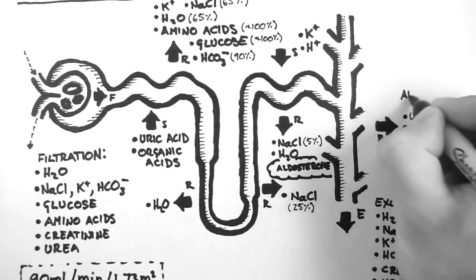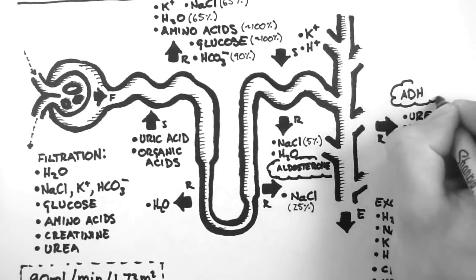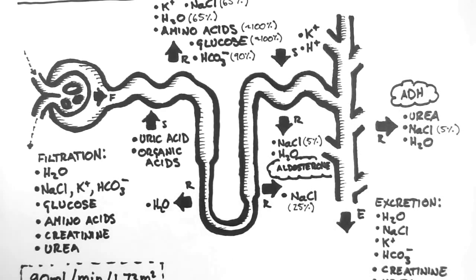The other is antidiuretic hormone, also known as vasopressin, which is released from the posterior pituitary, and this causes more water to be reabsorbed by the collecting ducts. Both these hormones act when the body is in a state of underhydration and needs to retain water. And that's an overview of the function of the nephron.